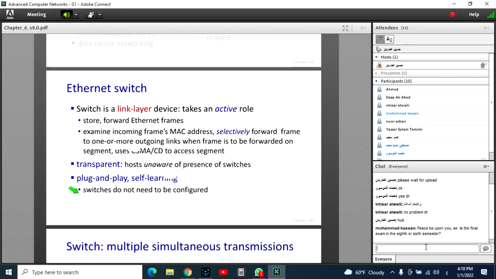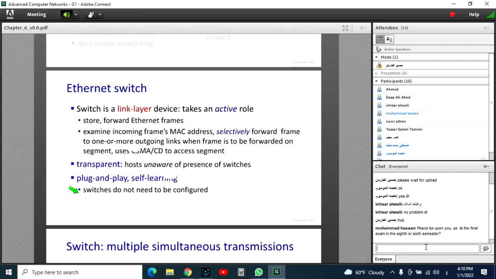Switches work inside networks, but routers work between networks. If you decide to send information from one network to another one, you have to use routers. But inside a network, you need to use Ethernet switches.